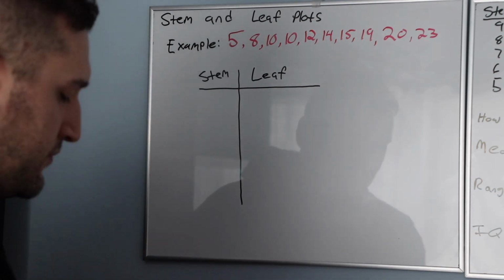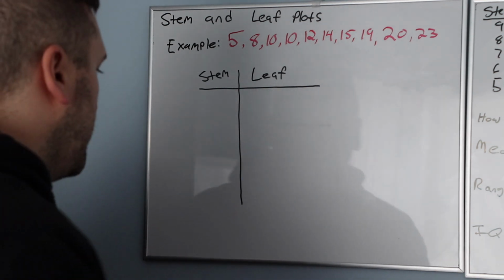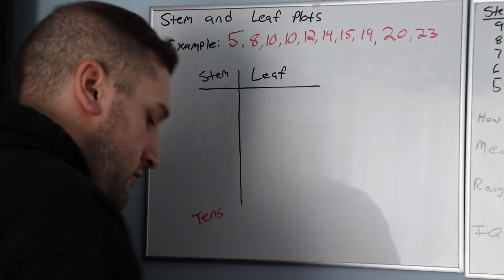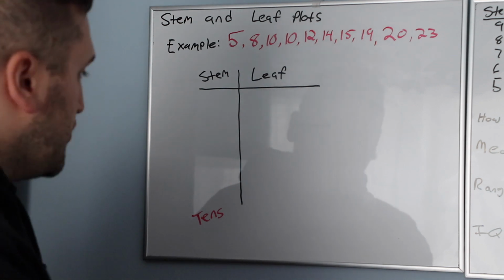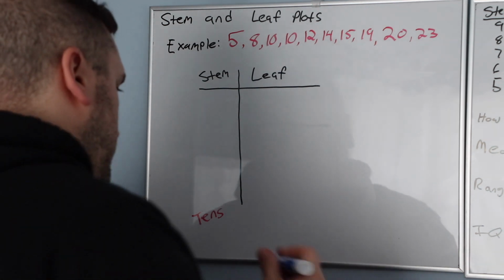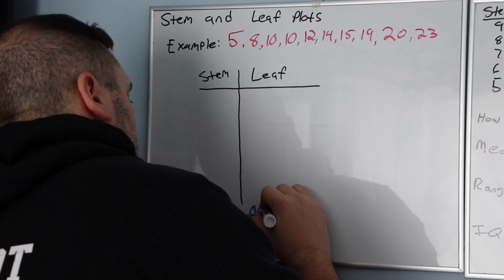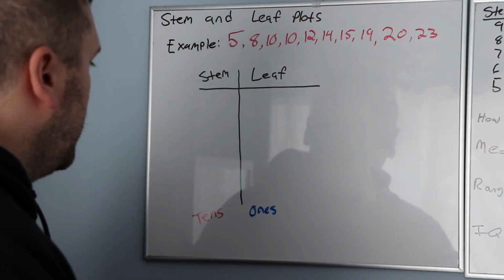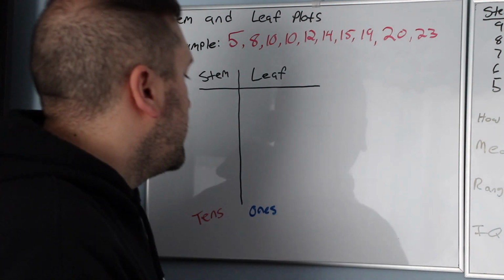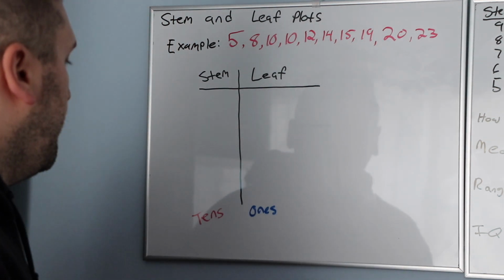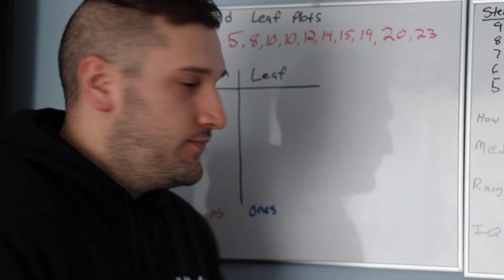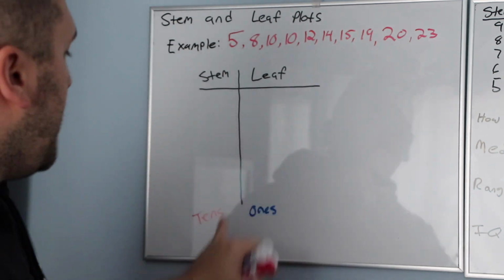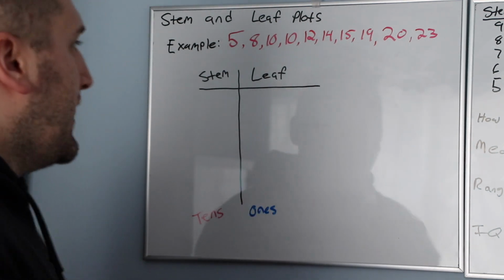Our stems are our tens, which makes our leaves our ones. I'm going to start by looking at my data and seeing what number in my tens place I go up to.